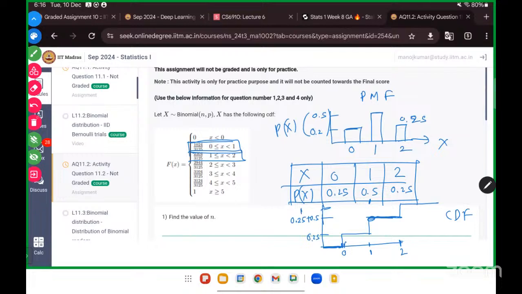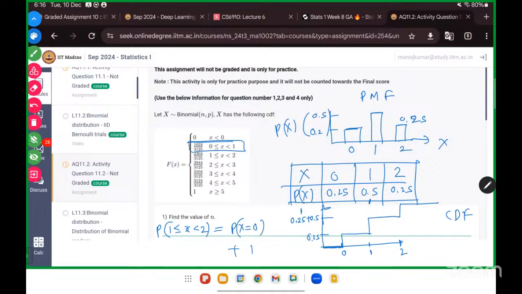What they did is, if you want to find this probability from the CDF, they have added p of x equal to this one and p of x equal to 1, right?